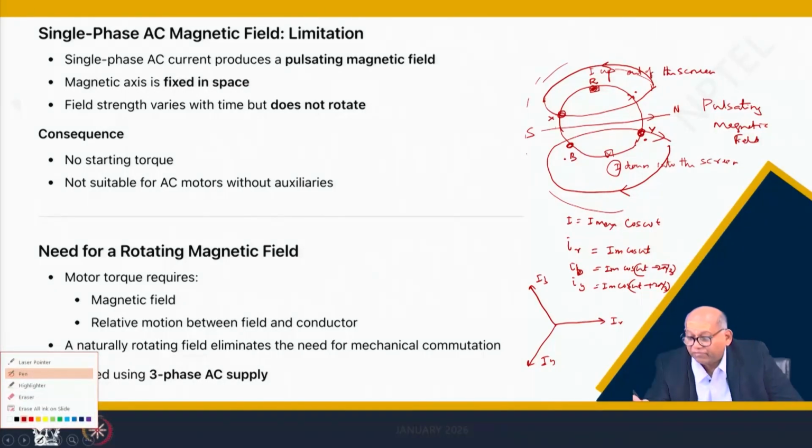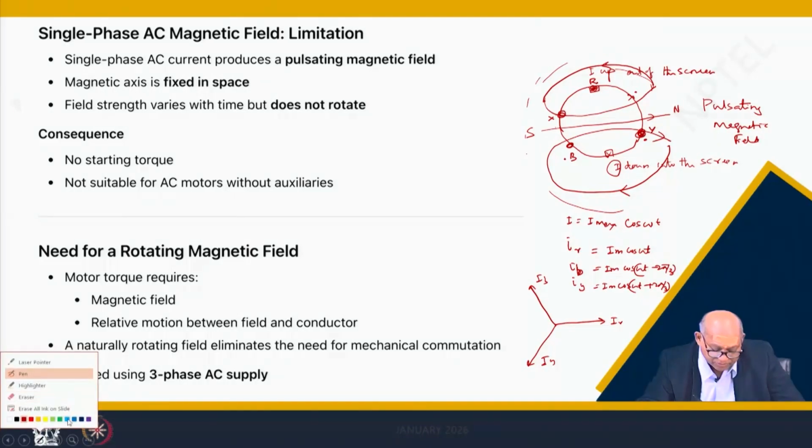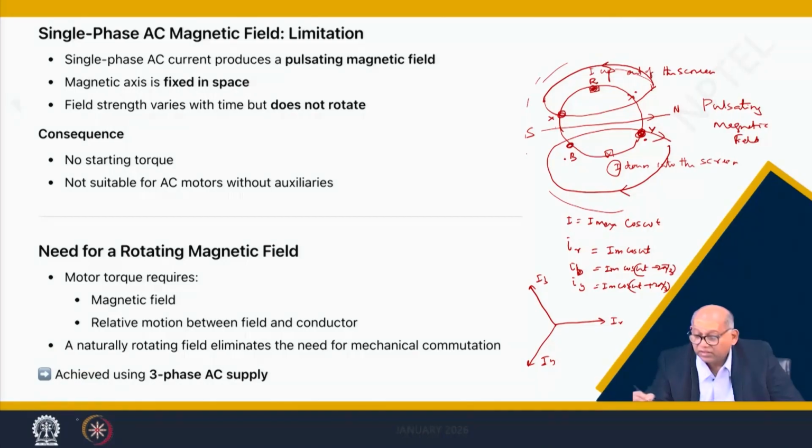Each of the windings, for example, this winding, this is the IY phase. This will create a flux which has this axis. Then there will be the IB phase here. This will be creating flux in this axis. All of them together, the resultant flux will be something. That is what we are going to see.